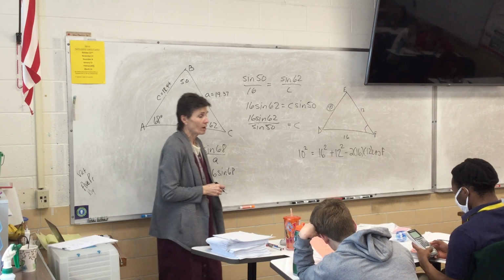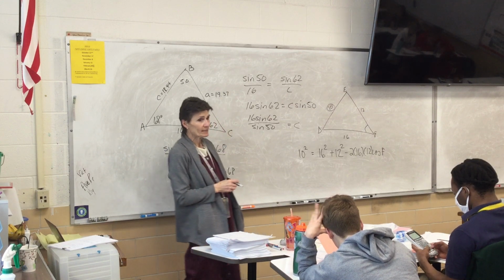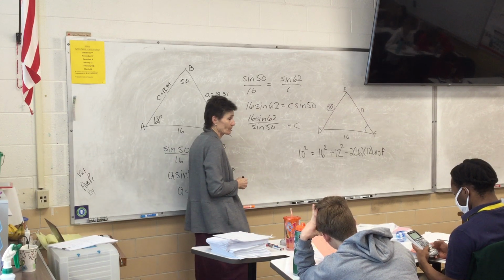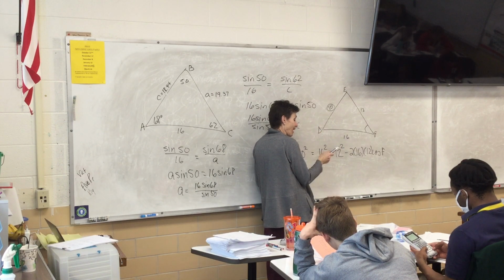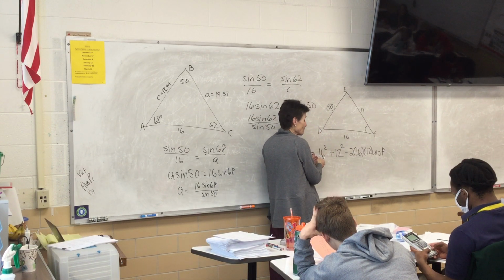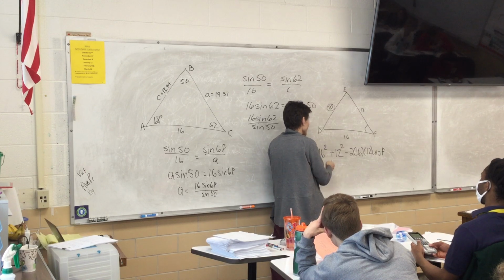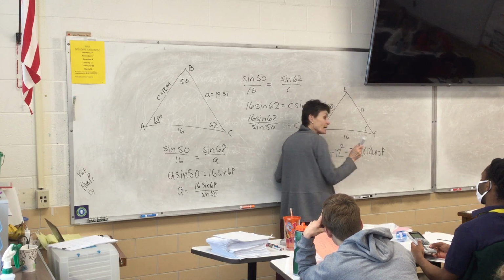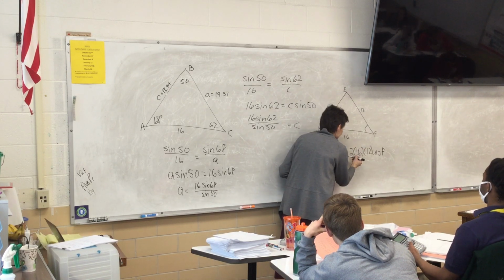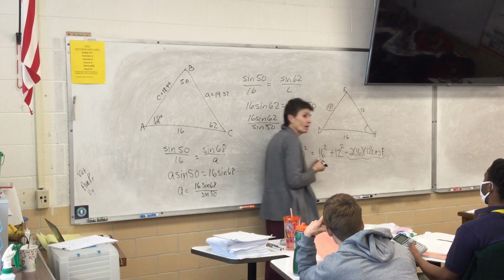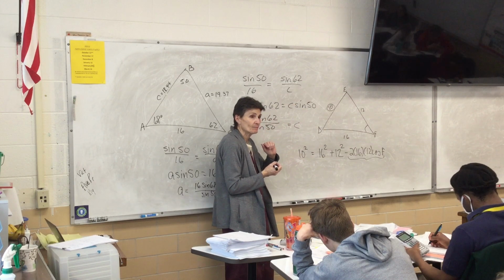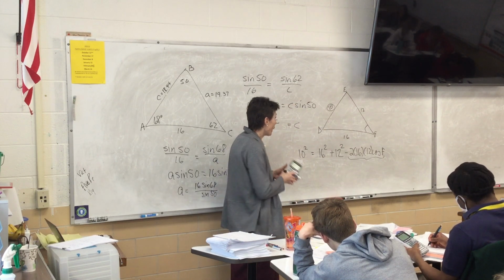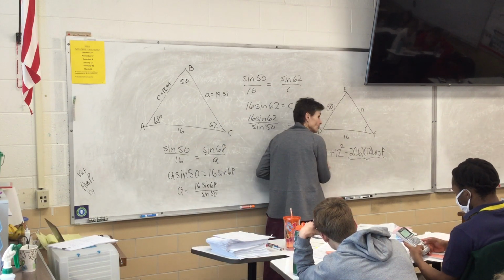This is the one that is a little trickier to type in. Remember, you cannot just start typing 16 squared plus 12 squared minus 2 times 16 times 12. You can't do that because this is separate because of the cosine on the end. So I can do these two.